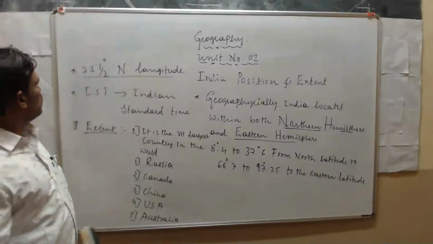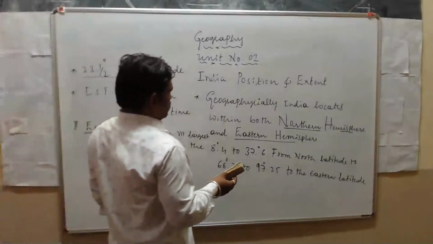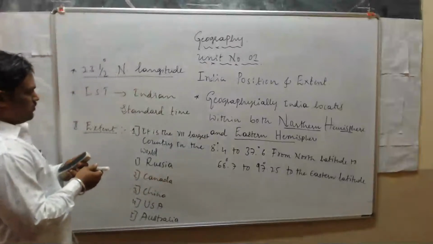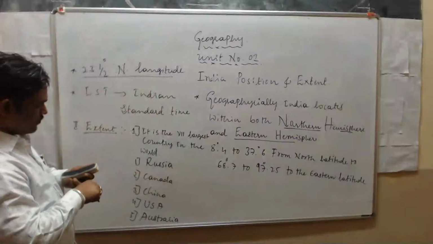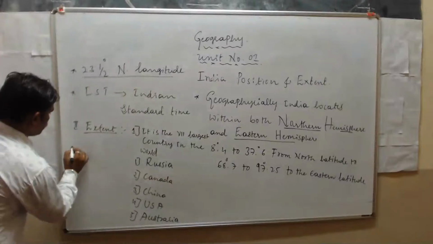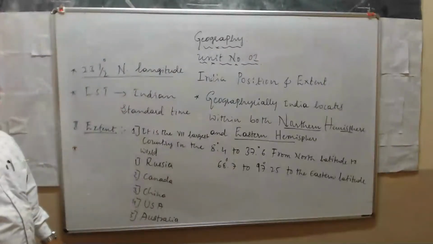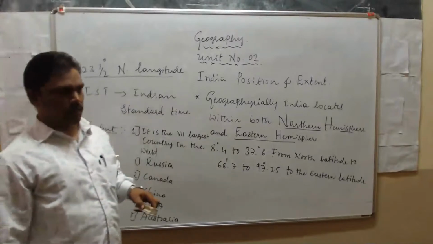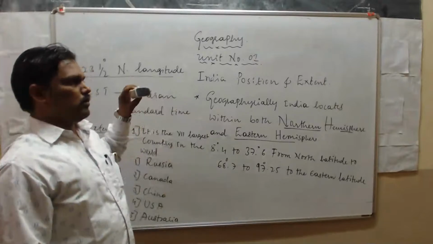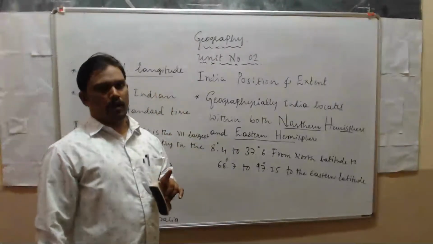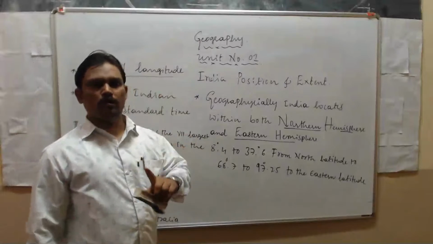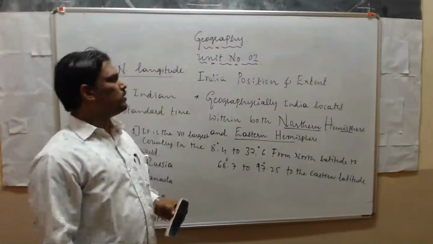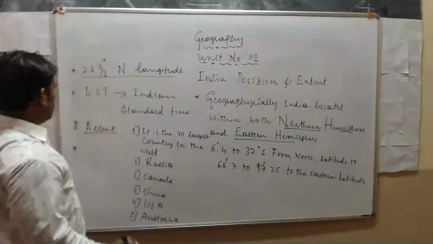Next, the total geographical area of India from northern point to southern part, Indira Col to Indira Point, including Andaman and Nicobar Islands, everything.